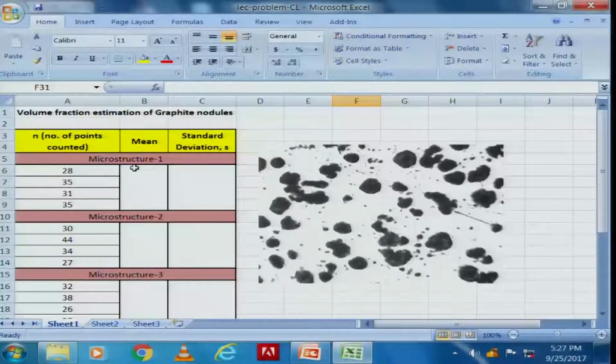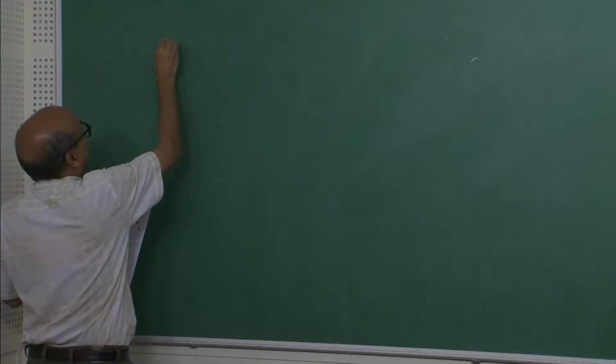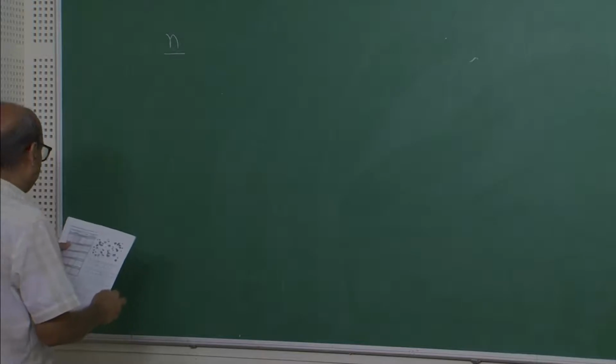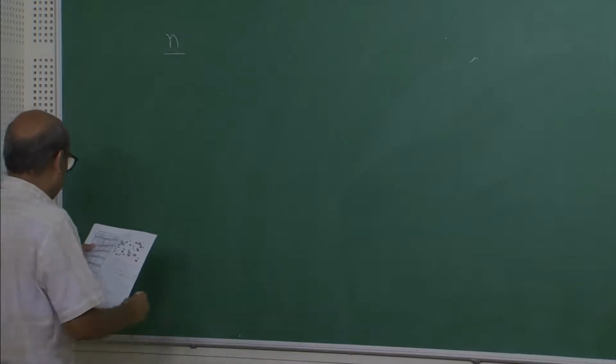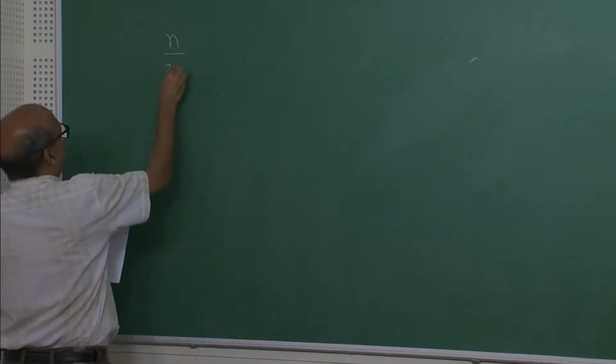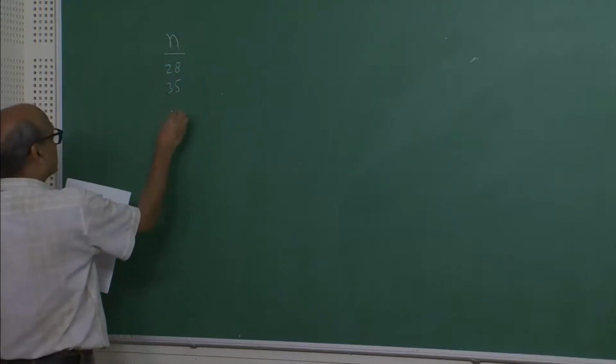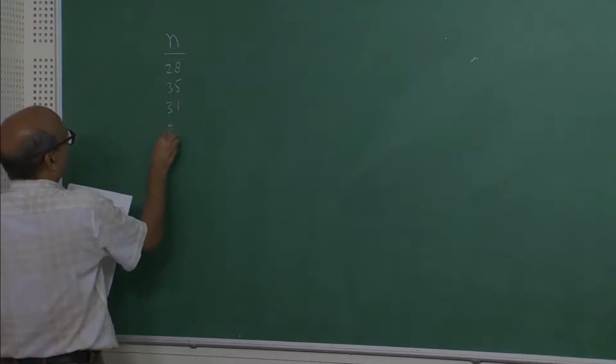So, let us look at this first set of 4 values. I have measured n, the number of points falling inside the graphite nodules when I place the grid: 28, 35, 31 and 35.